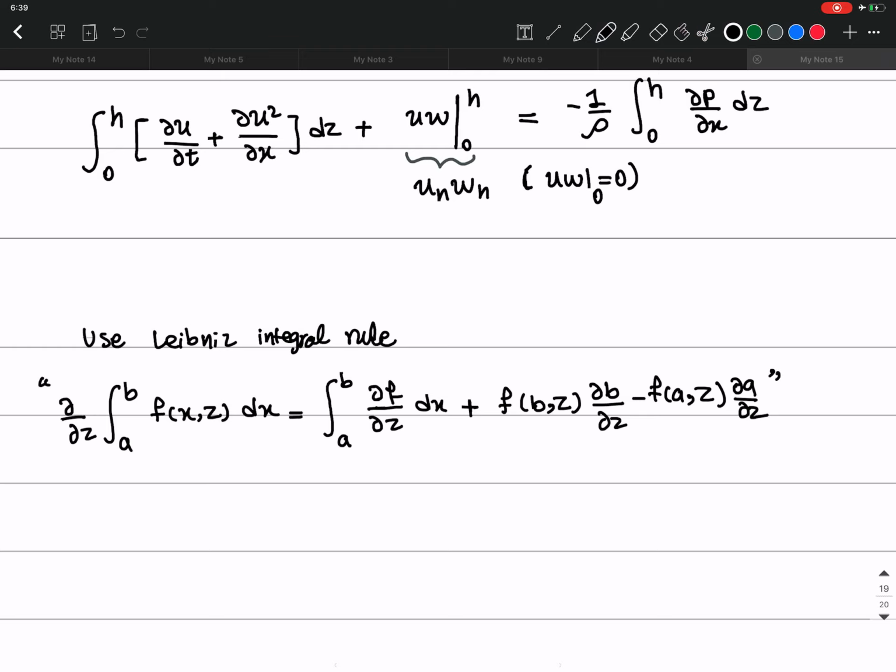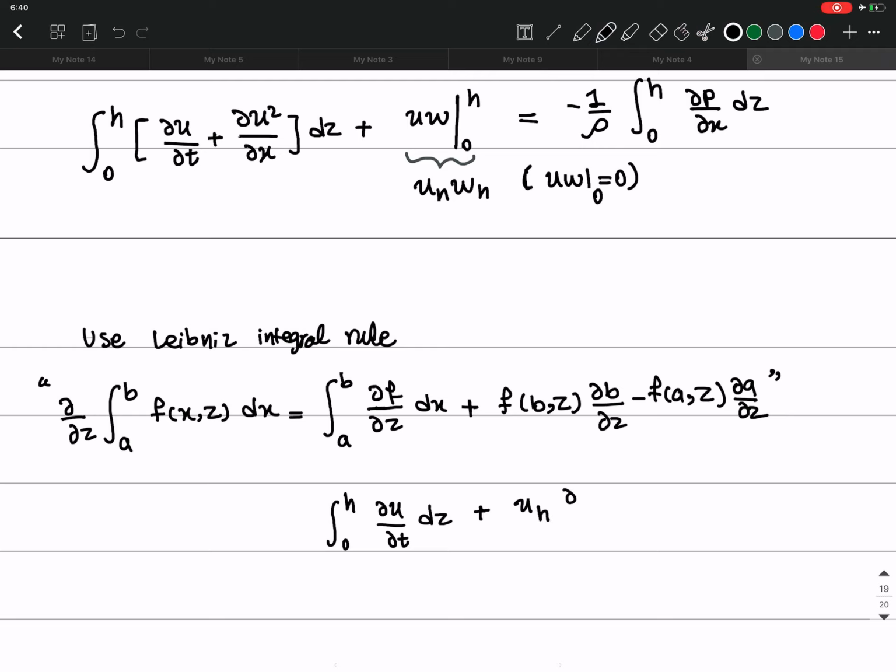Okay, so let's say for the integral from 0 to h of partial u over partial t dz, I want to use this. So this is gonna be just here, right? We have it here. So look how I'm going to write it. So f here is just u. So I have plus u at h, right?